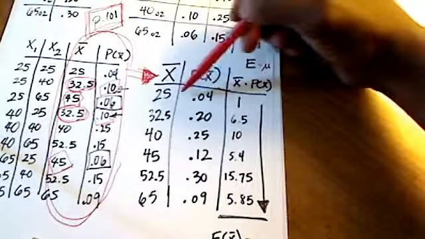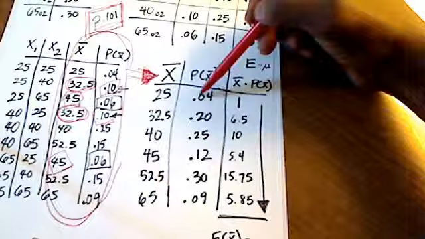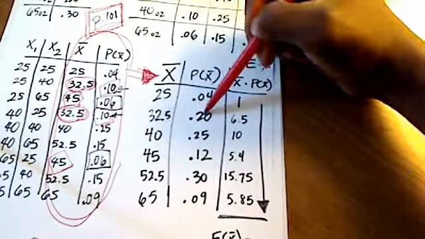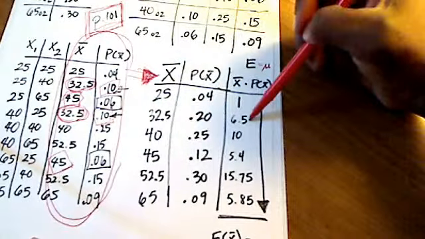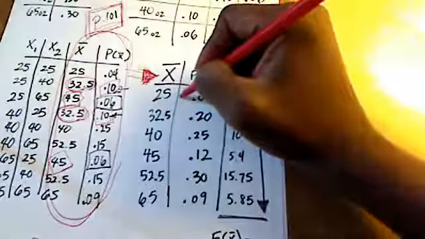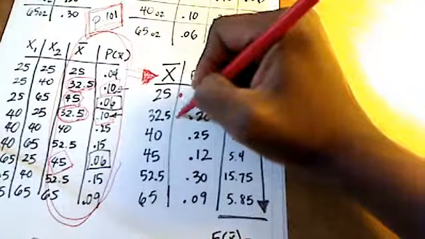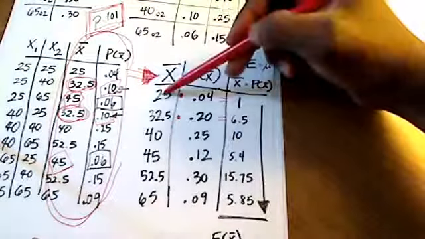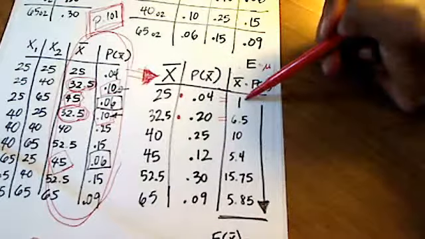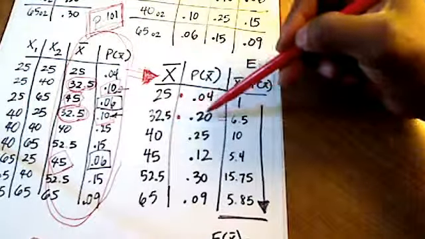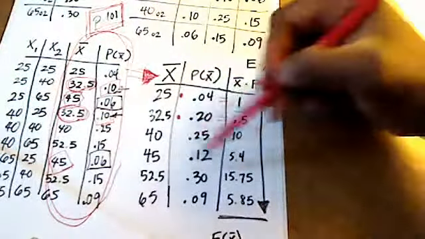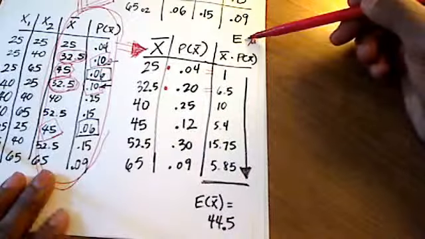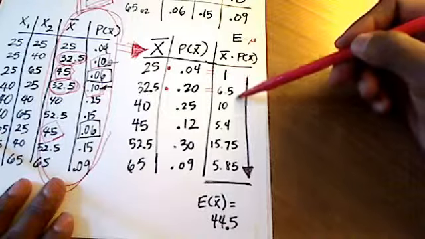So I'm just going to take the product of these two things here. 25 times 0.04 gives me 1. 32.5 times 20% gives me 6.5. So these two columns, I'm simply multiplying, and I'm getting these values over here. You guys see that? So 25 times 0.04 is giving me 1. 32.5 times 20% is giving me 6.5, etc. And the last part of that formula for expected mean says, sum all of these values up.